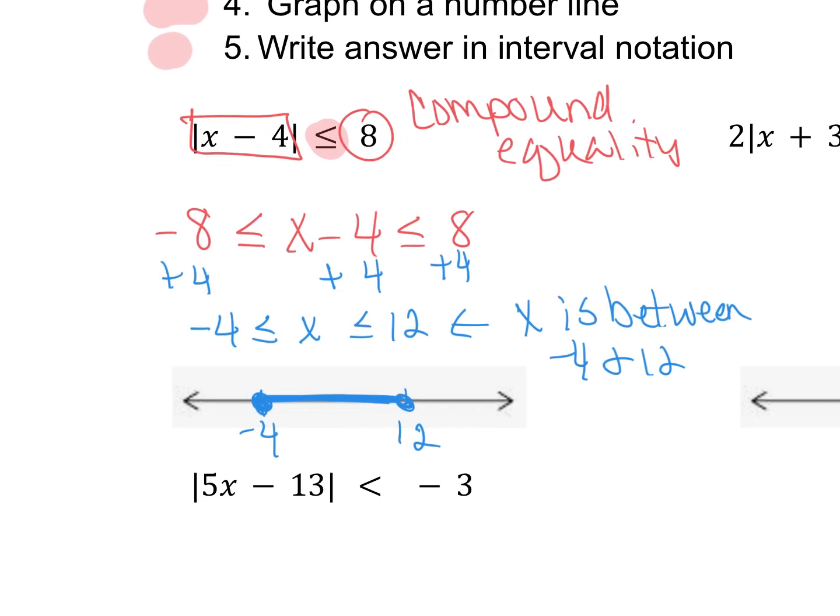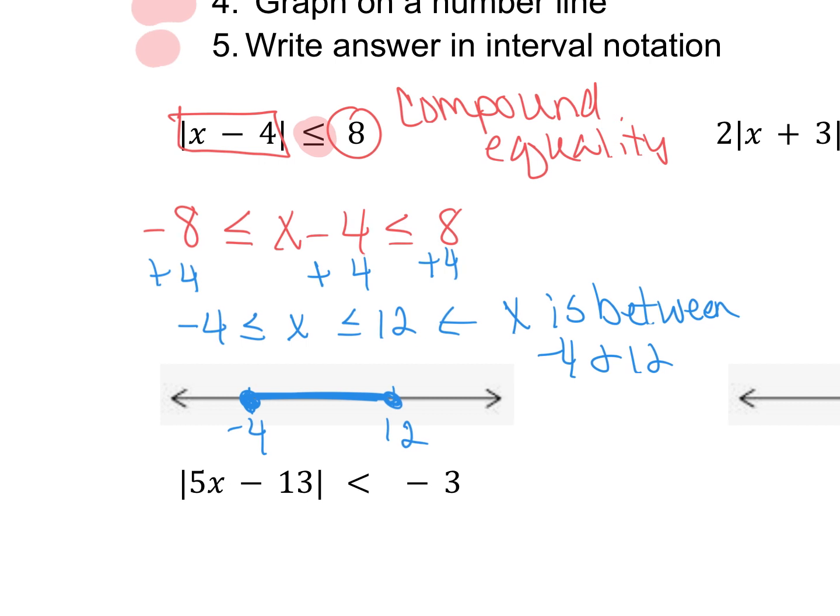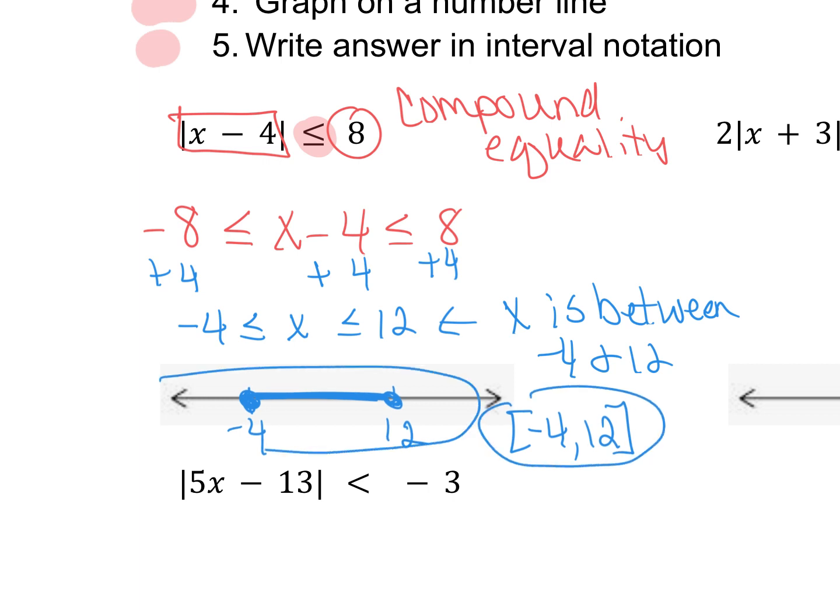And as an interval, it includes -4, so we're going to have a hard bracket. We go -4, and it stops at 12, with another hard bracket. So there's our interval, there is our graph, and there are our inequalities.